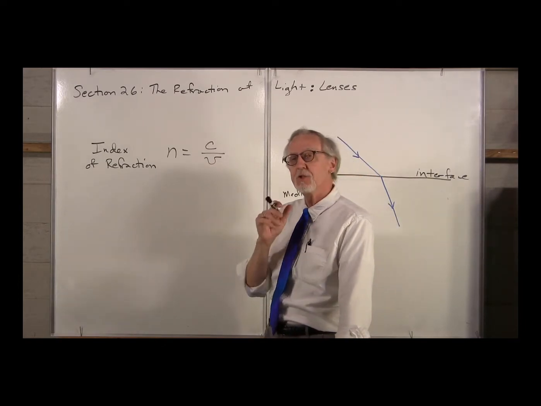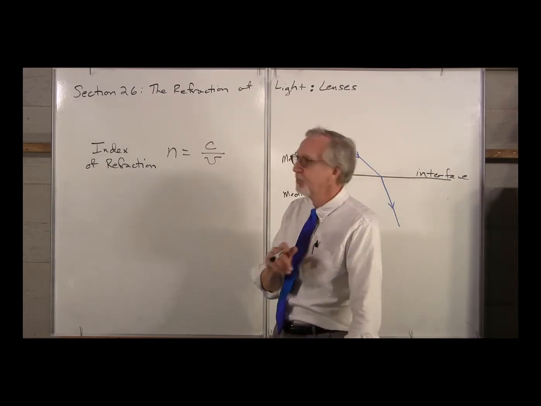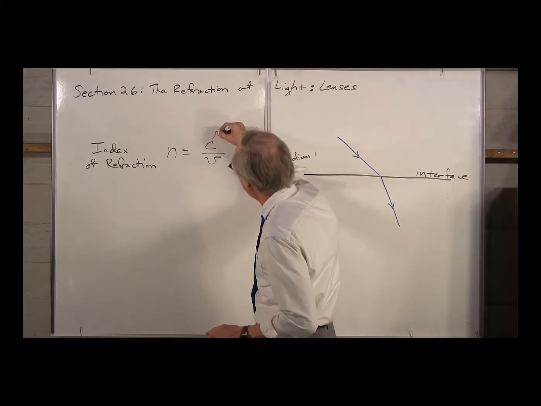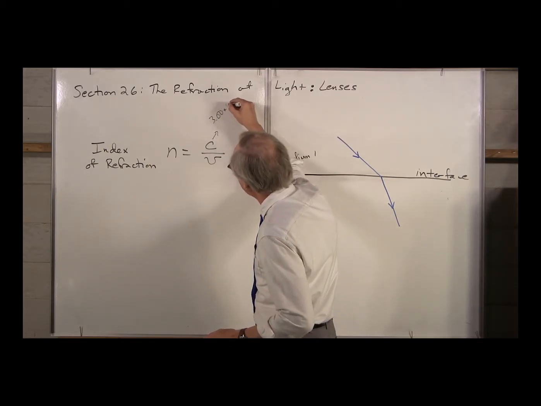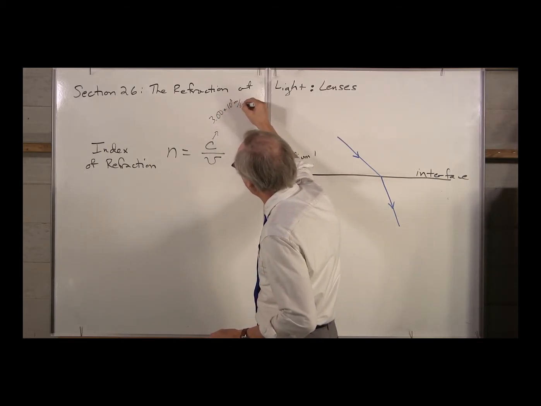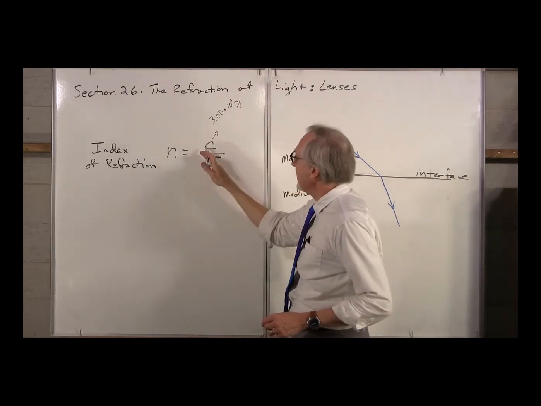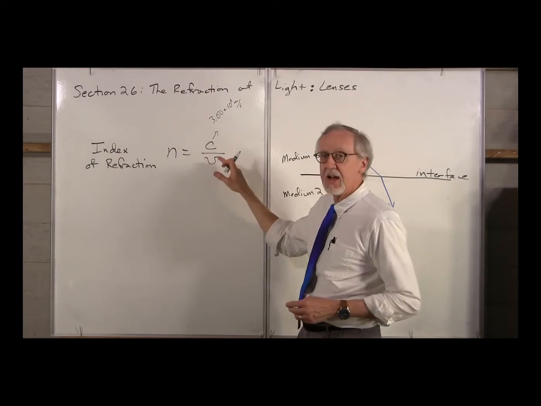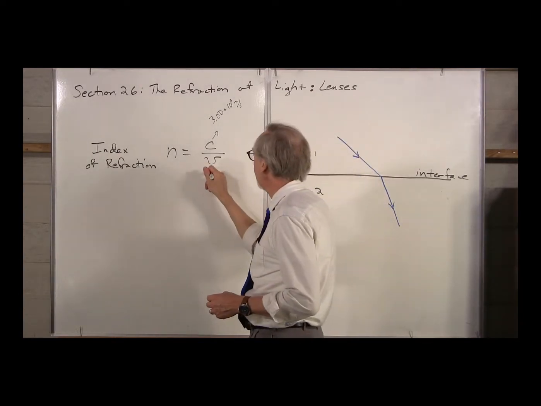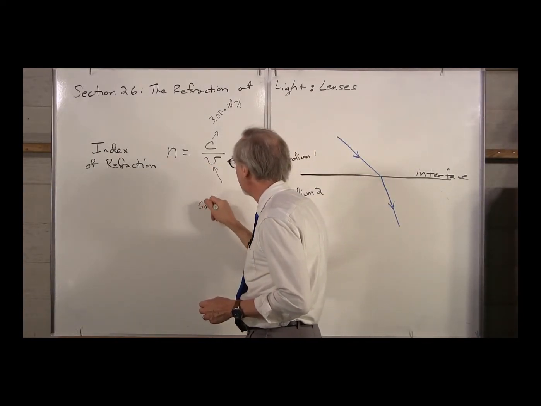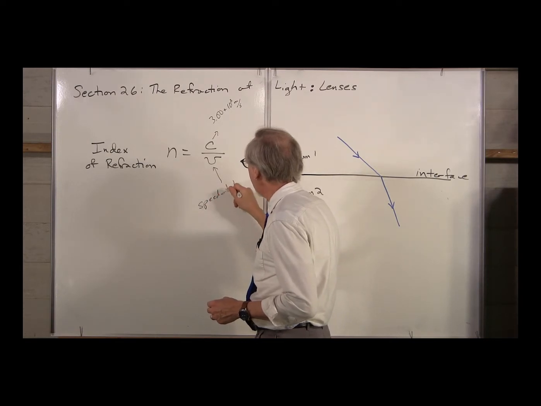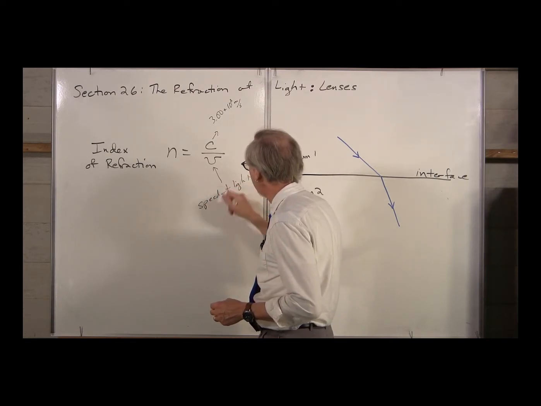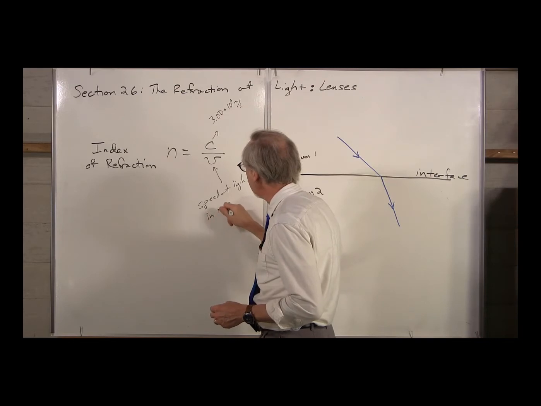Remember, c is the speed of light in a vacuum, which was 3.00 times 10 to the 8th meters per second, and v is the speed of light in the medium.